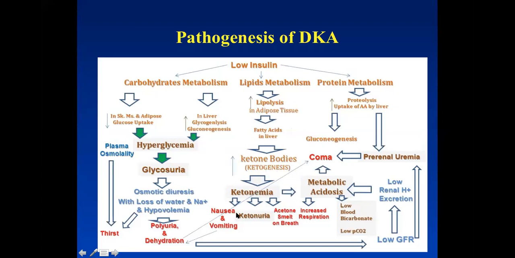When the ketone body levels are increased in the blood, we call it ketonemia, and these ketones then pass in the urine, causing ketonuria.